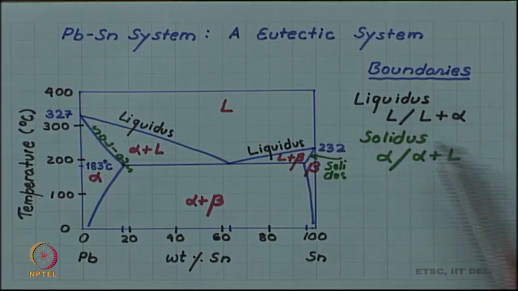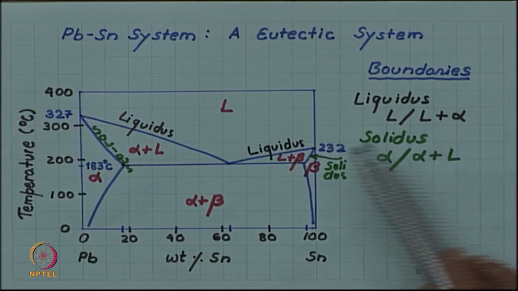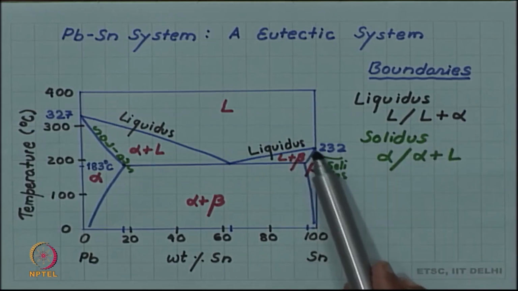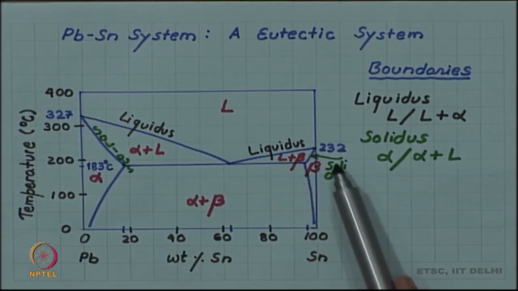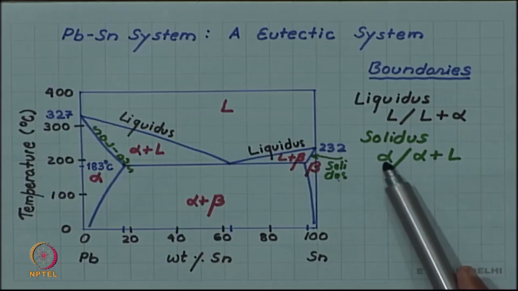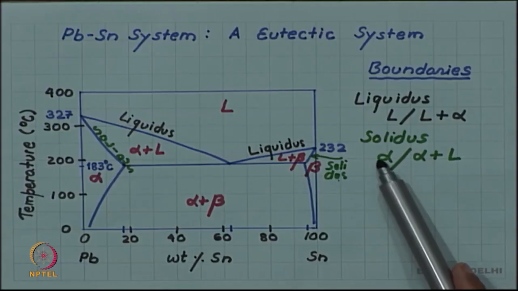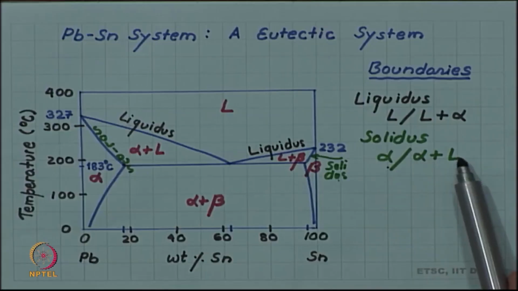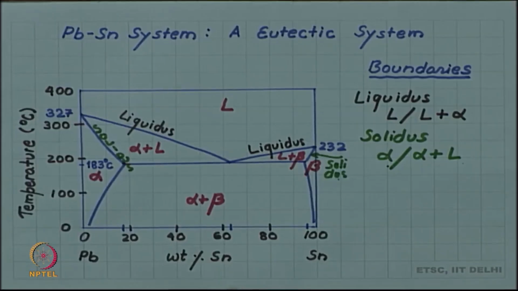There also the same definition is valid, and when I say alpha, it does not necessarily have to be alpha. You can see here that this is a boundary between beta and liquid plus beta, and that is also solidus. So, alpha represents any solid. So, a boundary between a solid and the same solid plus liquid will be called solidus in any phase diagram.